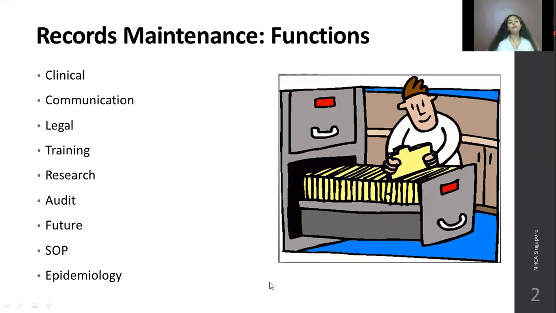The history of medical records: in ancient times in India, medical records were basically carved into wood. You must have seen the ancient books; they were not made of paper but of wood and certain natural items. That was how medical records were kept in India.